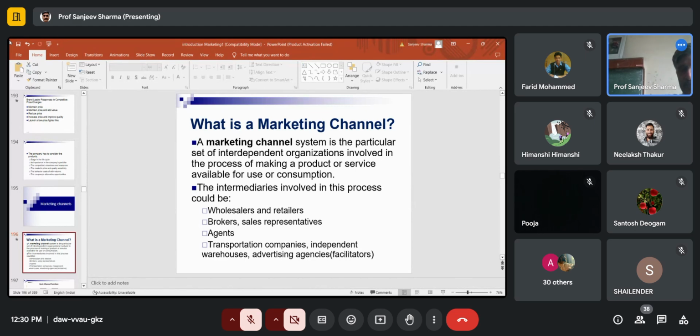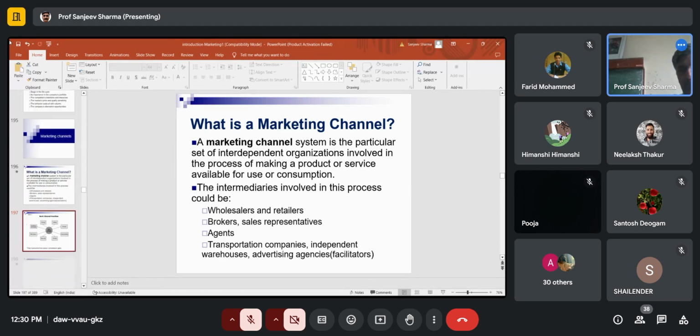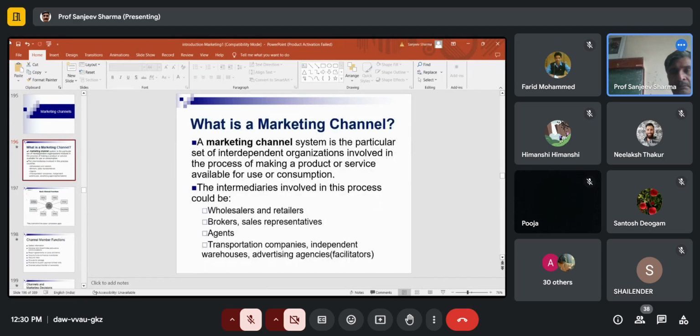They're all synonymous. Typically, there are 4 intermediaries. Any business will have 4 types of intermediaries.